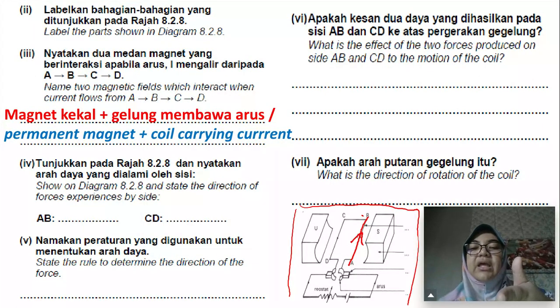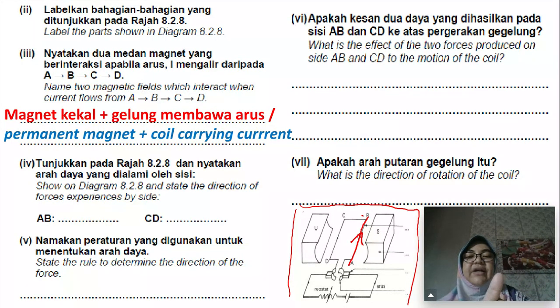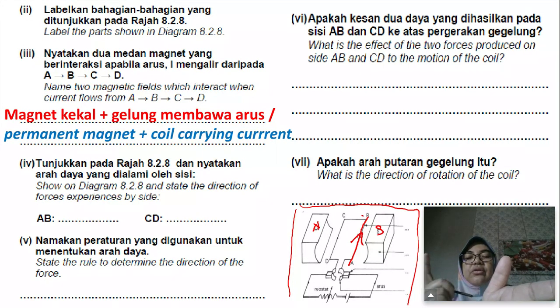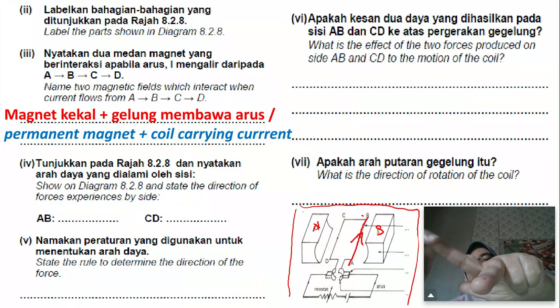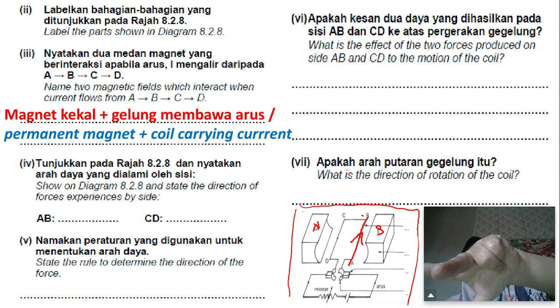Okay, so let's focus on AB. So AB, the direction of current is like that, is into the screen. And then this is north and this is south. Okay, magnetic field is always from north to south. Tadi saya sebut towards north. So terbalik. So this one point to south. Okay, following the diagram. And our thumb will show downward.